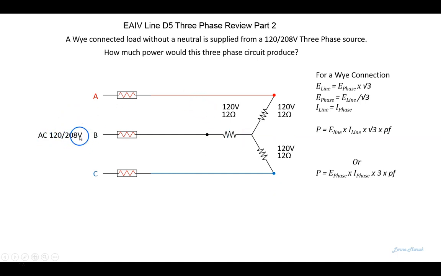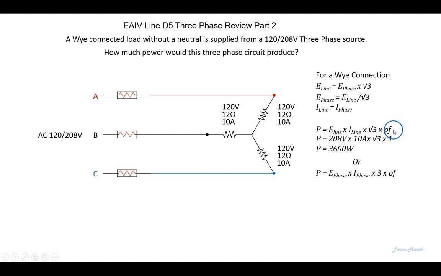And for 120/208, generally the 120 would be the phase, or we could calculate the phase by going E line divided by √3. And then we can solve for the current down each branch. And of course, for our total power, E line times I line times √3 gives us the watts.